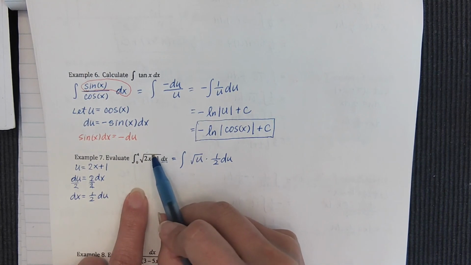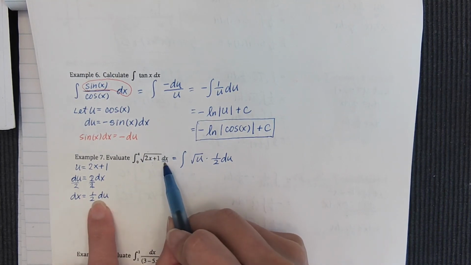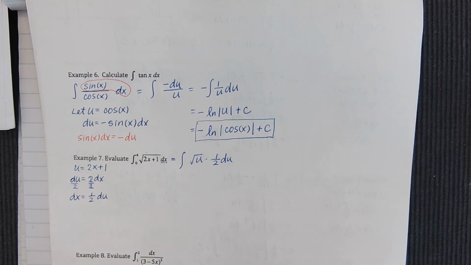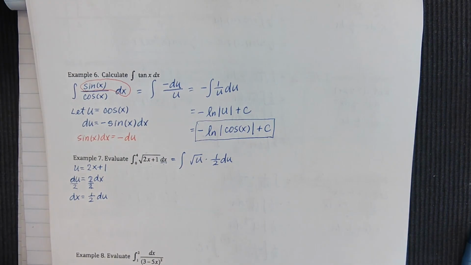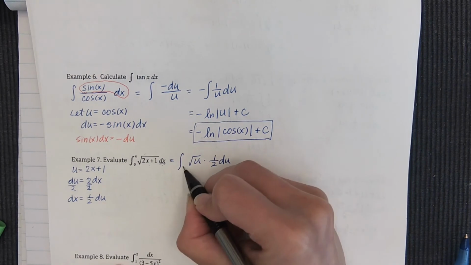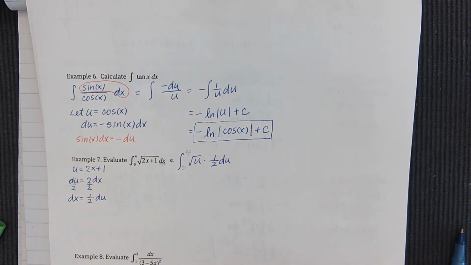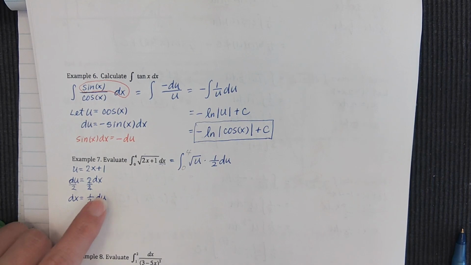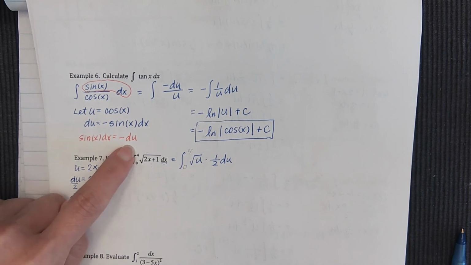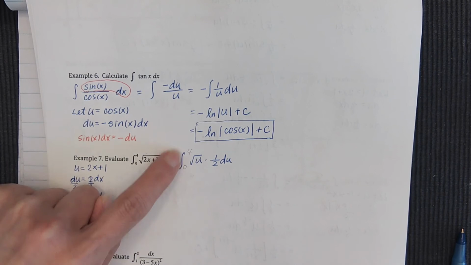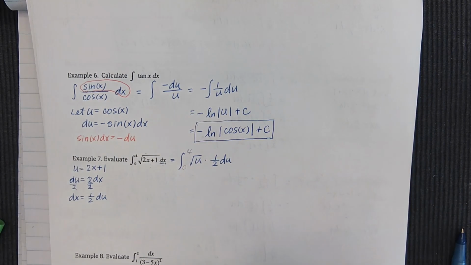But the problem I have is, can I write the limits 0 to 4 exactly? That's my question.